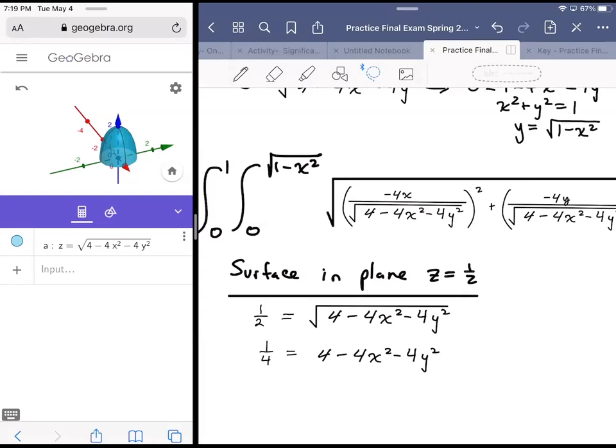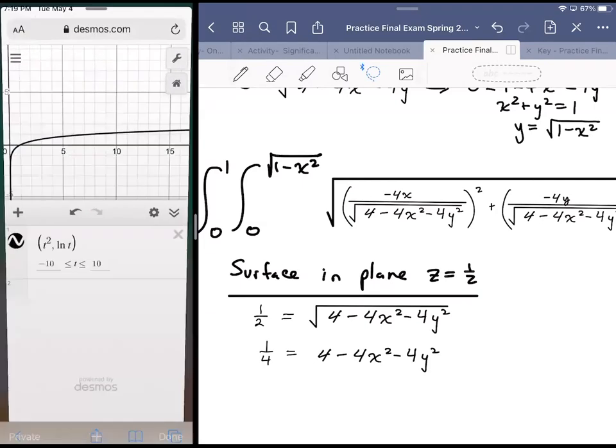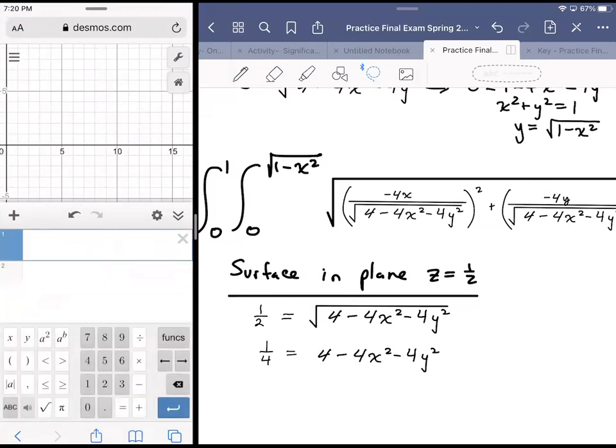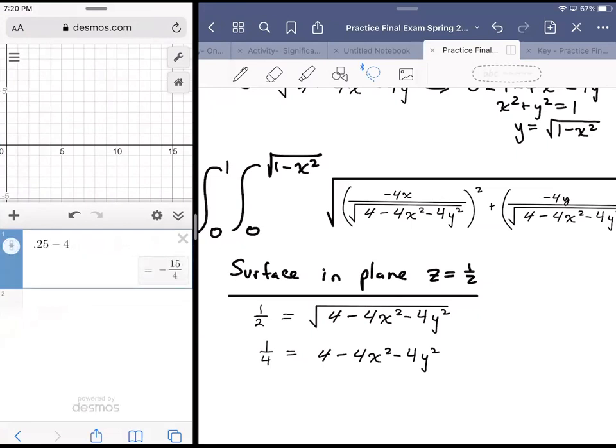In this case, I'd have to do a fair amount of side work, but nothing too crazy. But I would be subtracting a quarter, 0.25 minus 4, so negative 3.75. That's 15 over 4 negated. Right? So we're looking at 4x squared plus 4y squared is equal to 15 over 4 if we appropriately negate everything. And so we'd have x squared plus y squared is equal to 15 over 16.